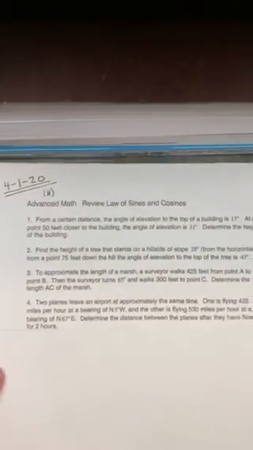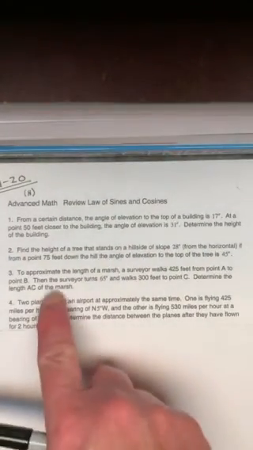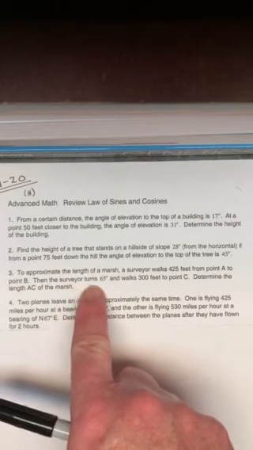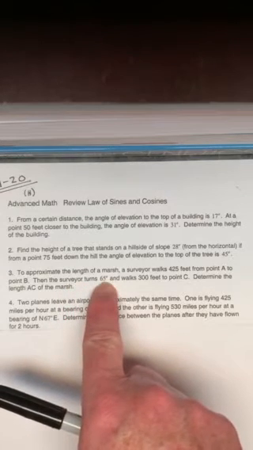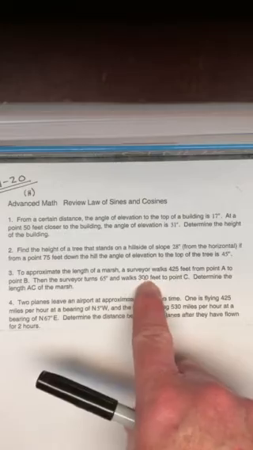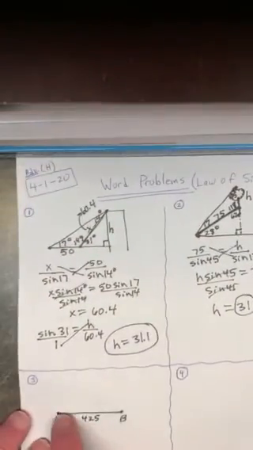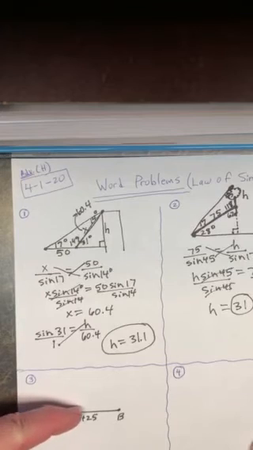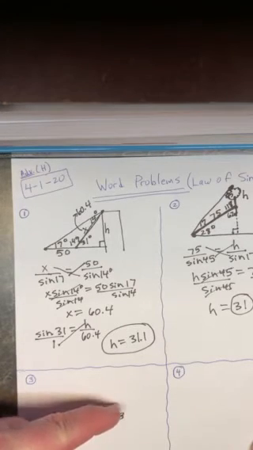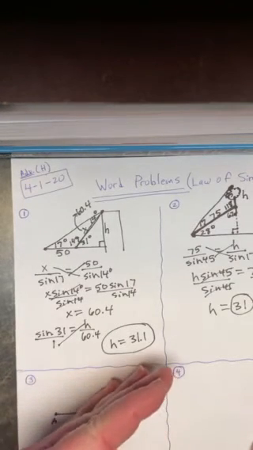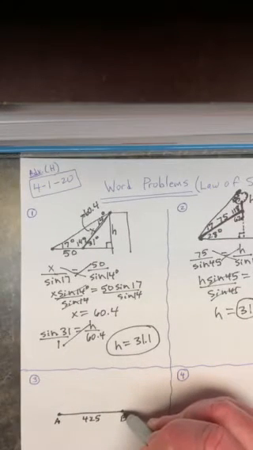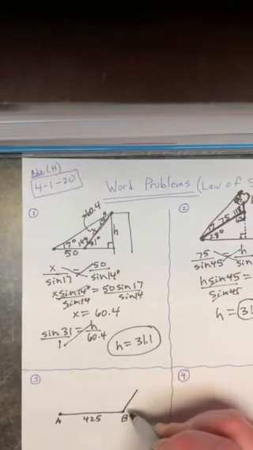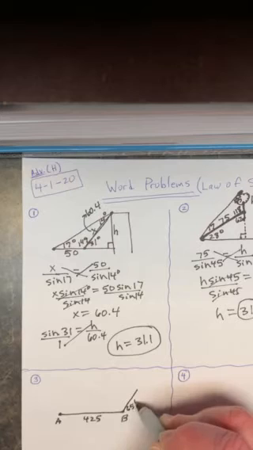Okay, the question now says, then the surveyor turns 65 degrees and walks 300 feet to point C. Now remember, the surveyor was walking, got to point B. He then turned 65 degrees.